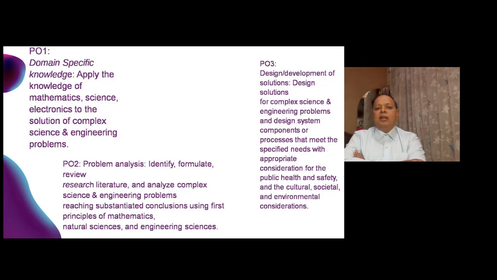That means the conclusions which will be really kind of optimization, and I'll be dealing with other things like sustainable development. But here substantiated conclusions are very important, and those should be based on certain principles of mathematics, natural sciences, and engineering sciences. So this is very important.